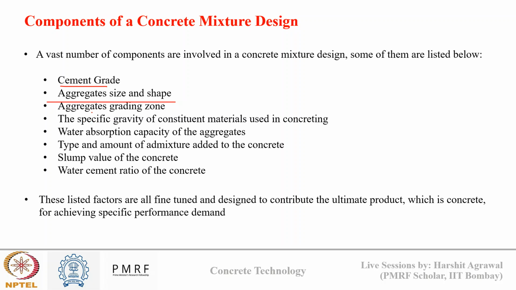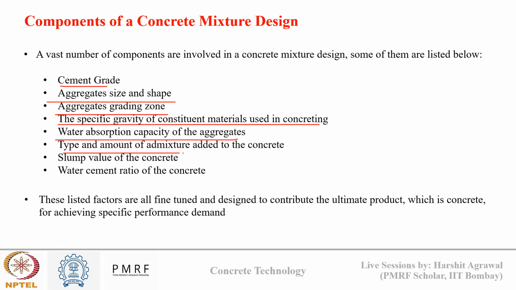Aggregate grading zone: fine aggregates can belong to zone 1, 2, 3, 4. Then specific gravity of constituent materials used in concrete like OPC, aggregate, fine aggregate, fly ash, or any chemical admixtures. Water absorption capacities of aggregate, which will help us keep our w/c ratio the same as desired and take into account the extra water absorbed by aggregate.